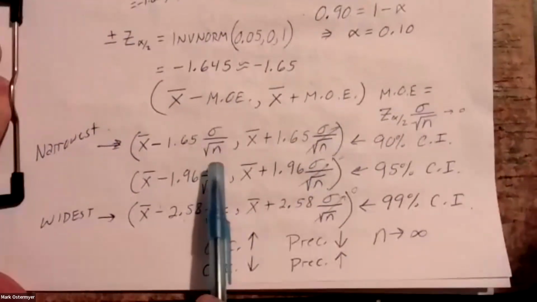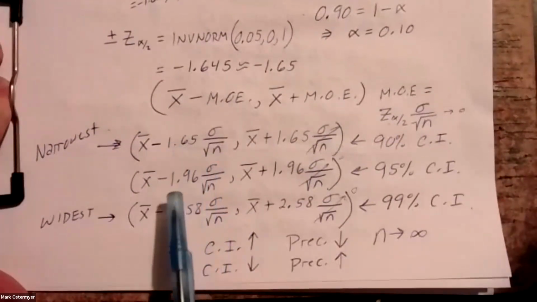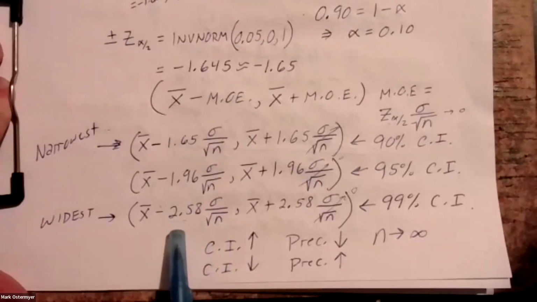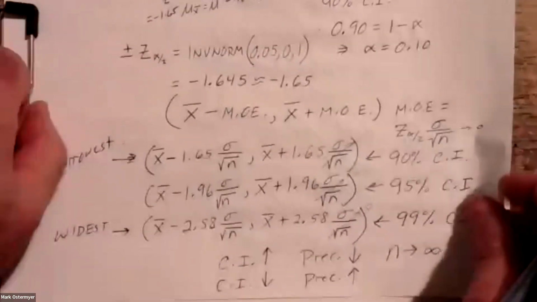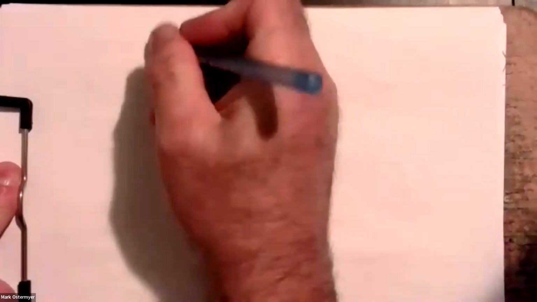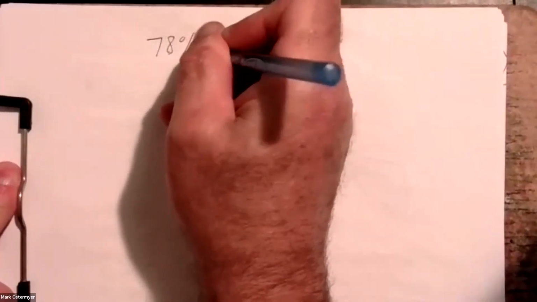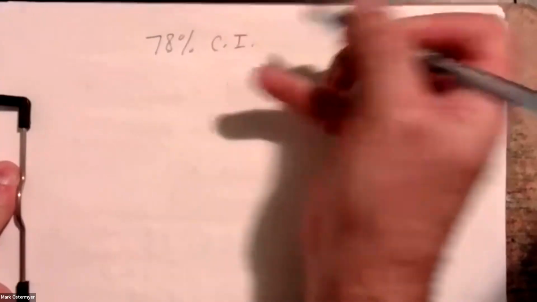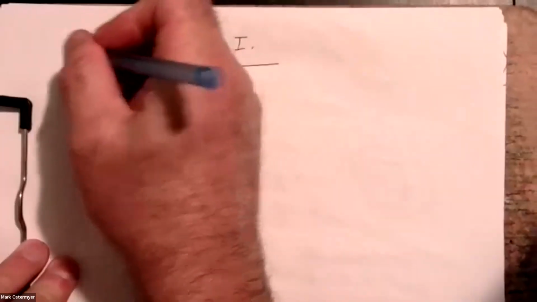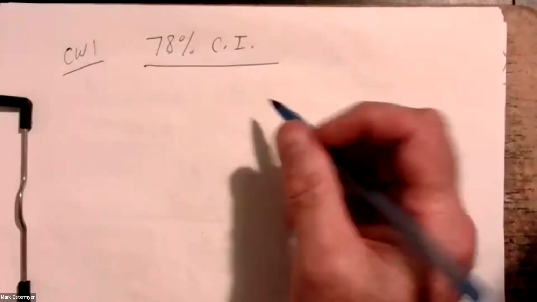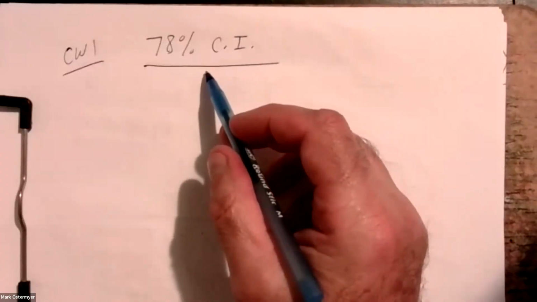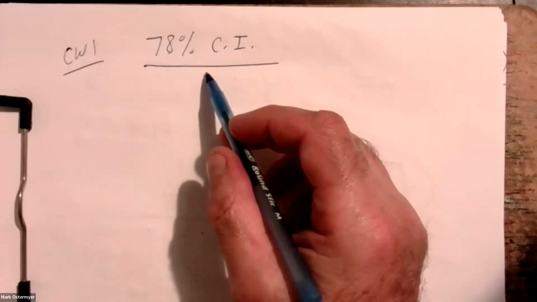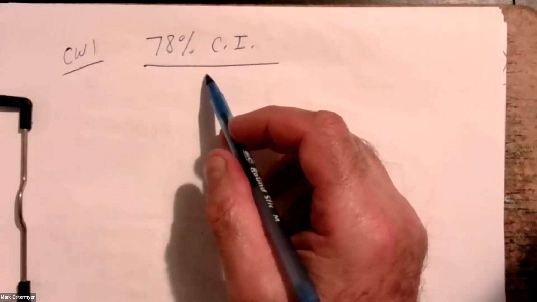You seen how I found the critical Z values for a 90%, 95%, and a 99% confidence interval. What if I wanted to build, are we ready for this? What if I wanted to build a 78% confidence interval? Classwork number one, I want you to get on your calculator and I want you to find for me what the critical Z values will be for a 78% confidence interval.